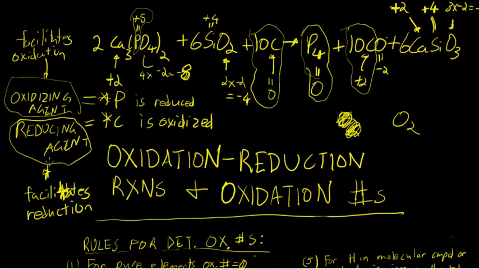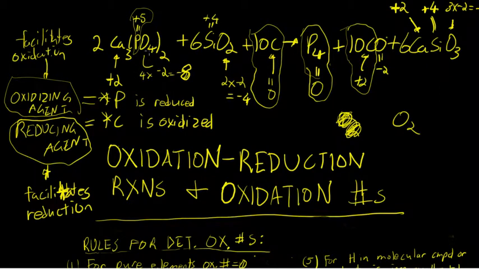And so carbon is oxidized, it loses electrons, but when it loses electrons, it gives those electrons to someone else, right? In this case, phosphorus. So in doing so, it facilitates reduction.